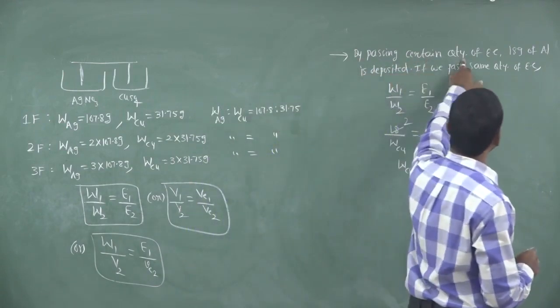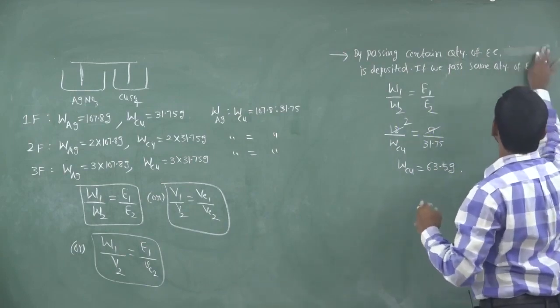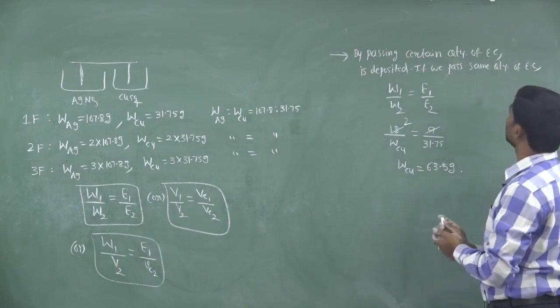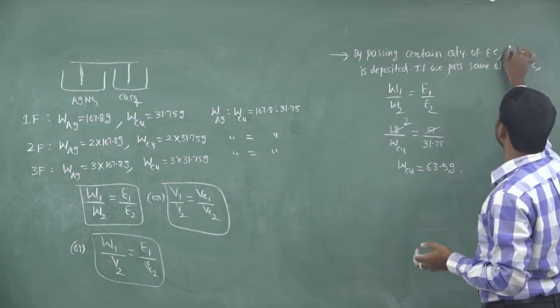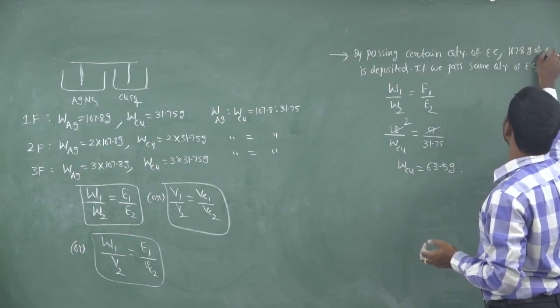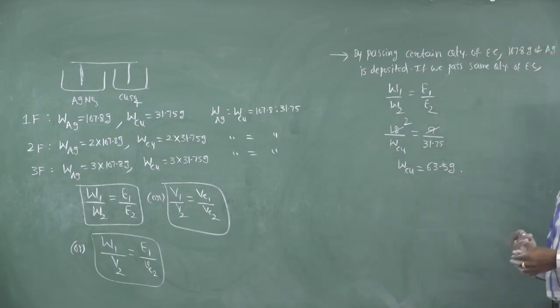By passing a certain quantity of electric current, 107.8 grams of silver is deposited.